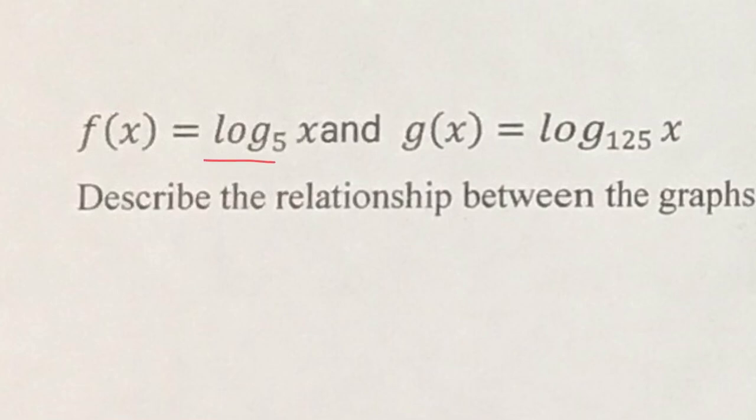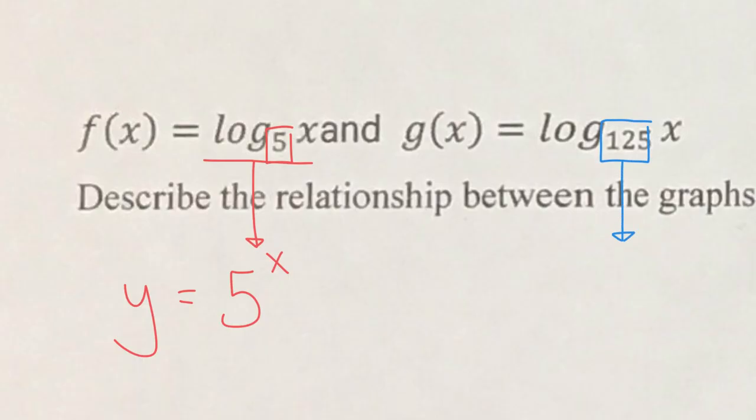So if I had log base 5, what is its exponential inverse? The exponential inverse has the same base as your log, but it's raised to the x power. So my inverse of log base 5 is 5 to the x, which means the inverse of log base 125 would be 125 to the x.